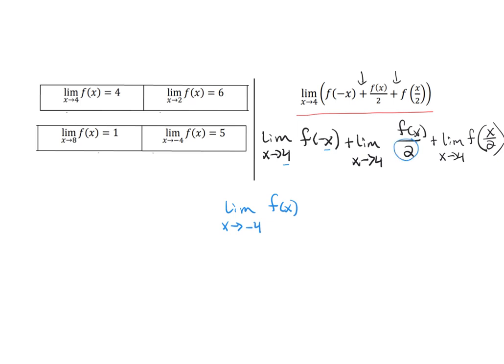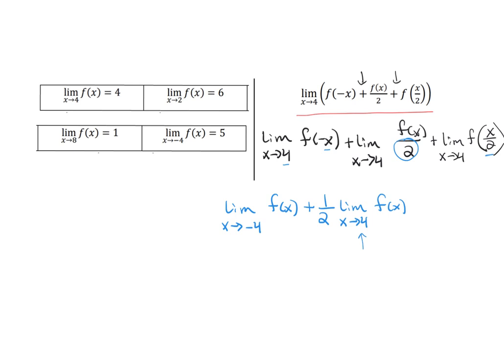Now this divided by 2 outside of the function, that's the same as like a 1/2. So we could write plus, this is that constant multiple, 1/2 times the limit as x approaches 4 of f of x. So I didn't change what I was approaching on this one.